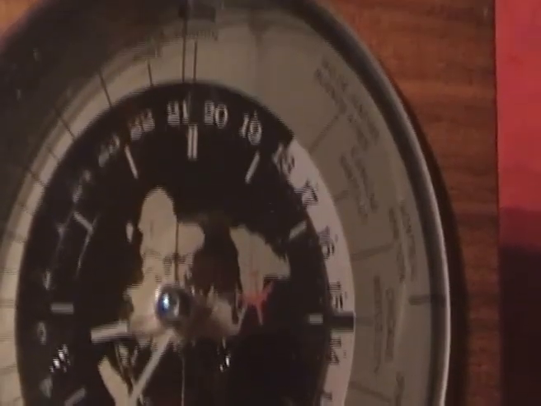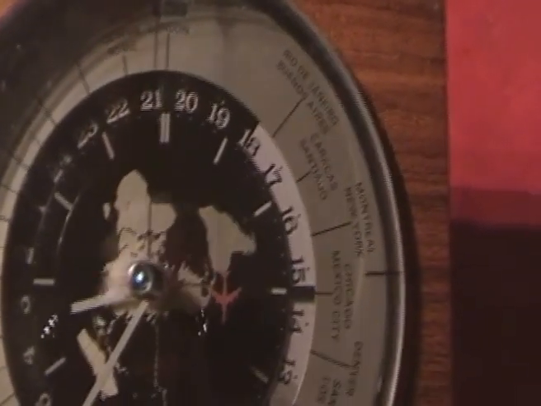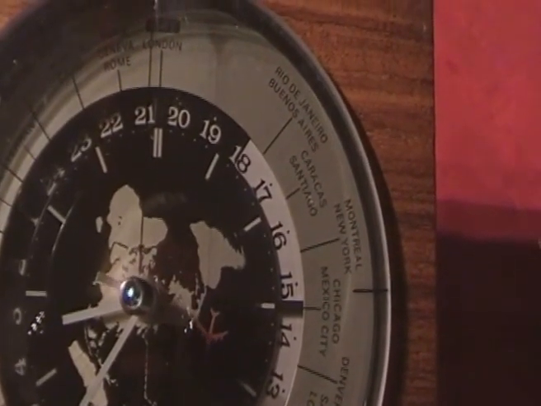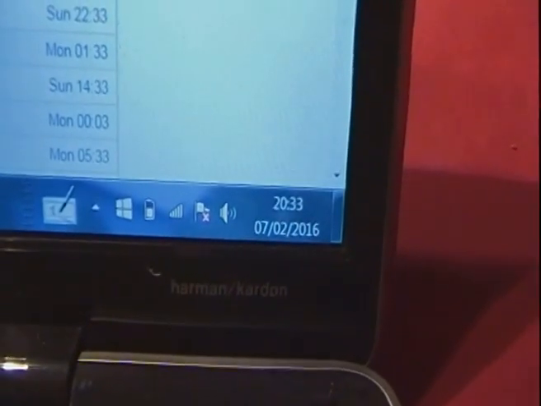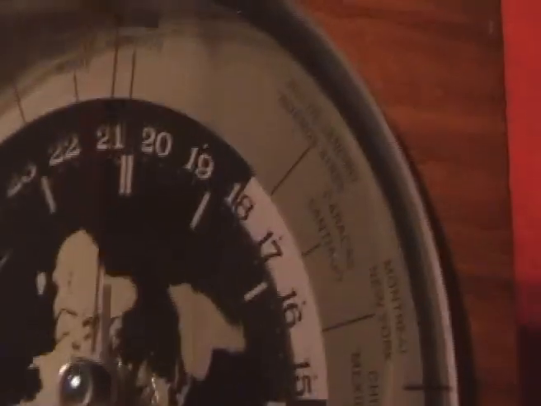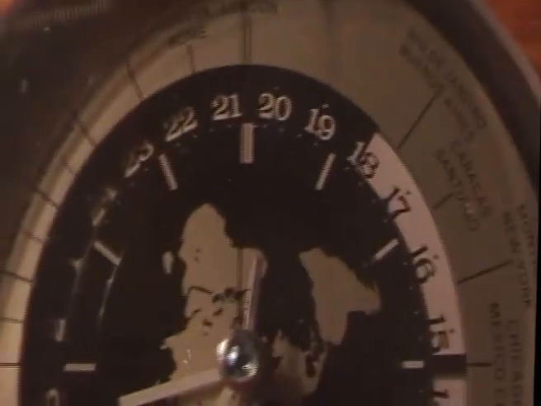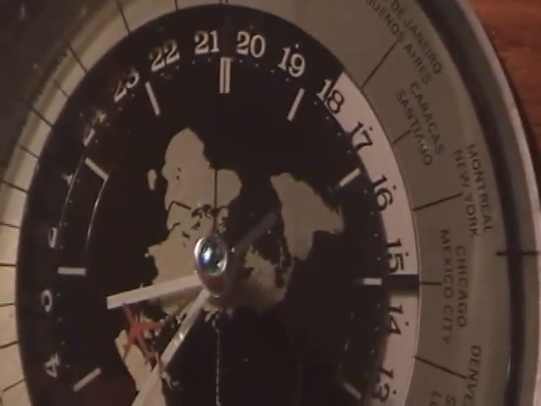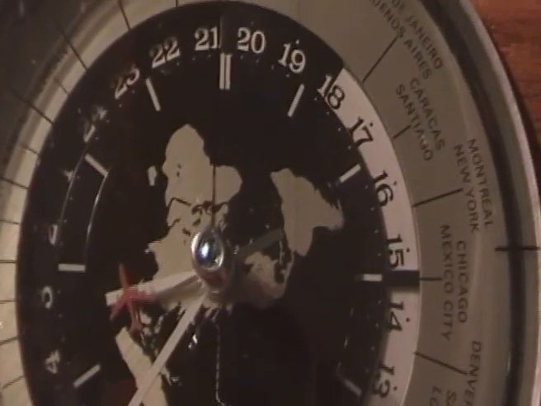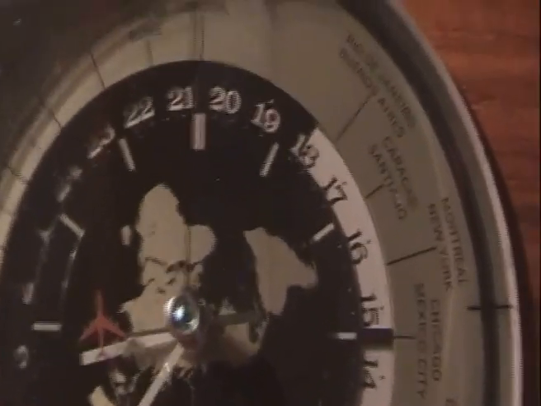And as you can see, we are 20:33, and we can get that down the bottom of the computer, on my computer, 20:33. There you go. Four corners of the world to the map. They all go to the right country.